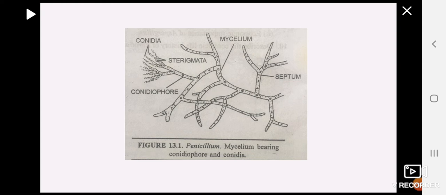They are uni, bi or multinucleated. For example, in Penicillium vermiculatum, the cells are uninucleate. They have granular cytoplasm. Organelles are there and oil globules are also present.